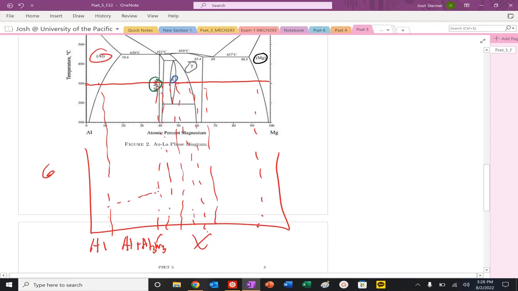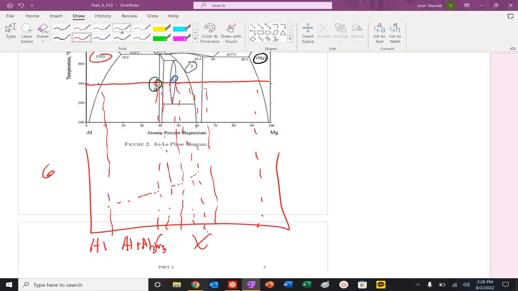So common tangent here, single phase here, I'm going to have a common tangent here, and then another common tangent. Going down here, common tangent here, common tangent here, and we'll have a common tangent here. Let me draw these lines a little bit more clear.